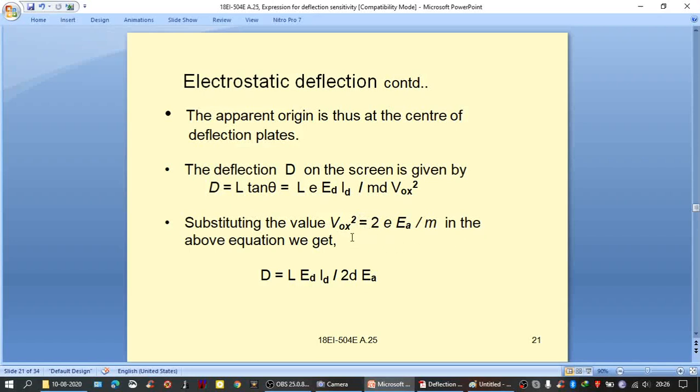Rearranging that, we arrived at Vox square is equal to 2 Ea by M. Replace that Vox square with this equation. It is in the denominator, so obviously this fraction gets inverted. M comes in the numerator and 2Ea comes in the denominator.